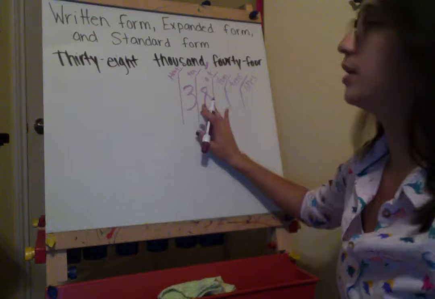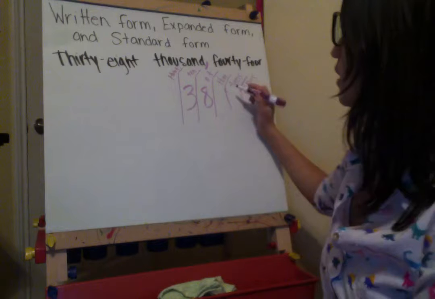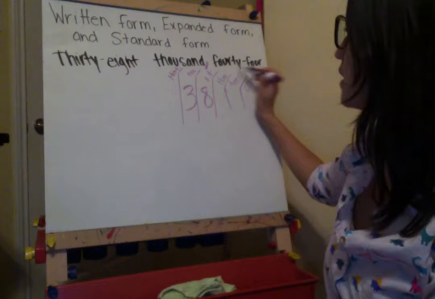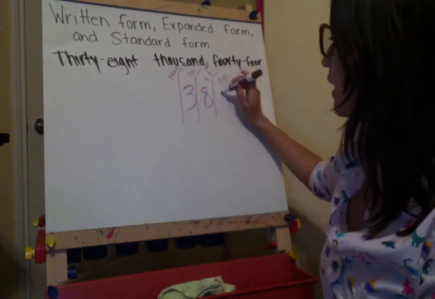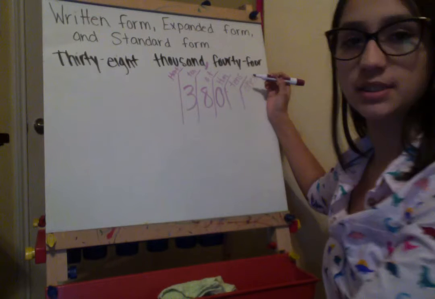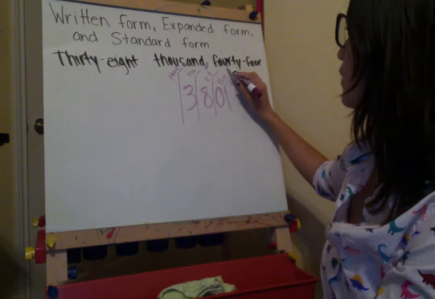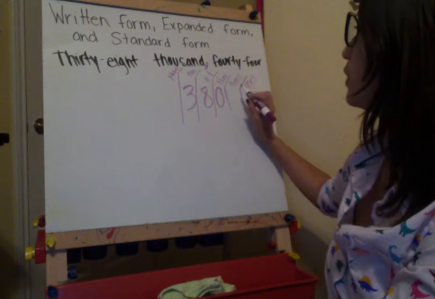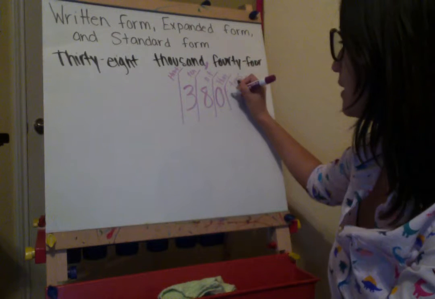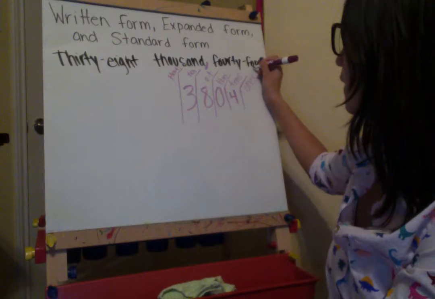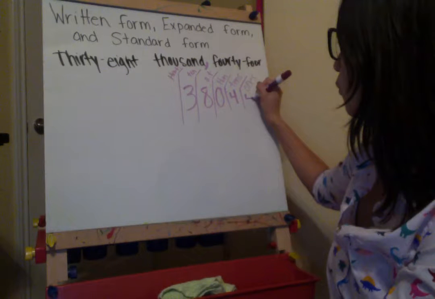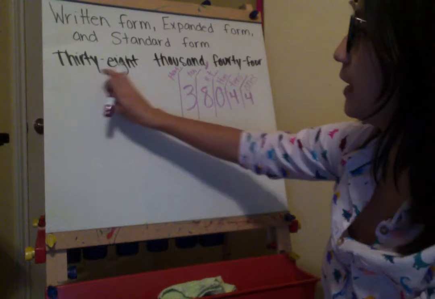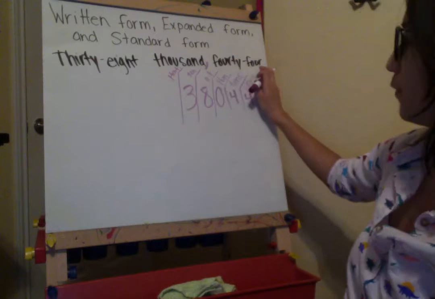Now we're going to go into our ones places, or our hundred place. So in our hundreds, we don't have anything. Right here we just have 44. So no hundred is needed, so we have 0 sets of hundreds. And it's saying we have 44, which means we have 4 sets of 10 and 4 ones, right? 38,044.